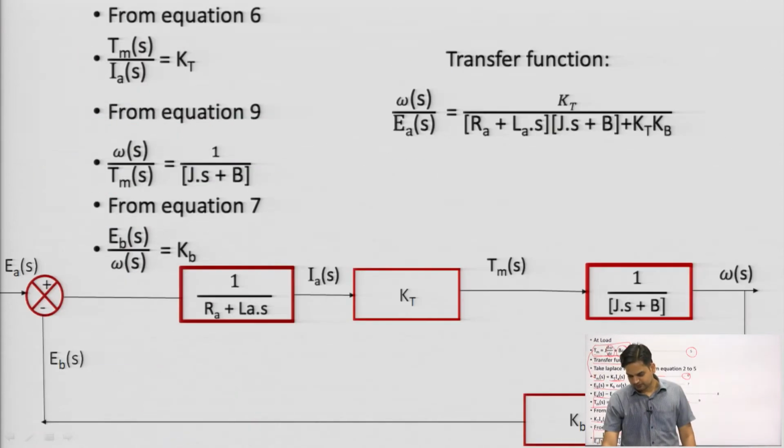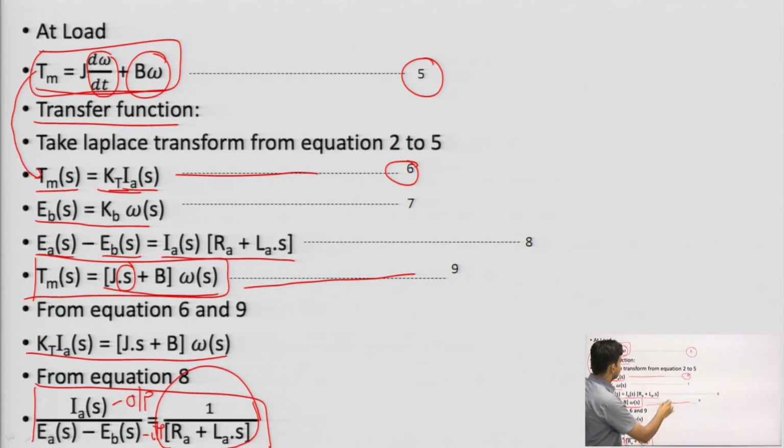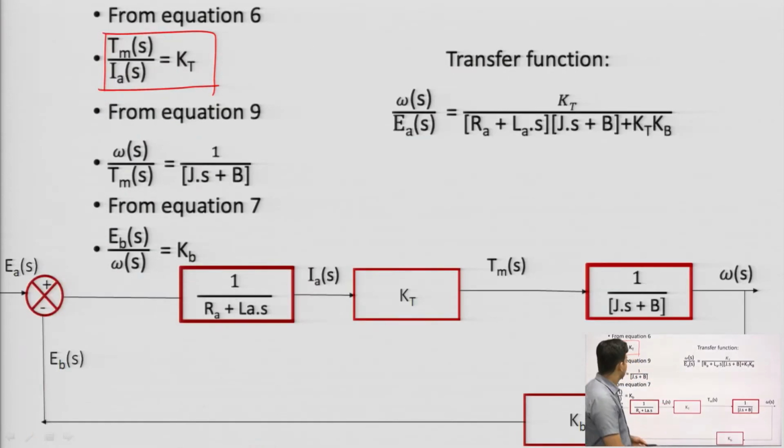Now, come to the second one. From the previous equation number 6, you will obtain this quantity. That is T m of s equal to k t times I a of s. Here you assume that I a of s is acting as input and T m of s is acting as output in the s domain, so this will work as a transfer function equal to k t.